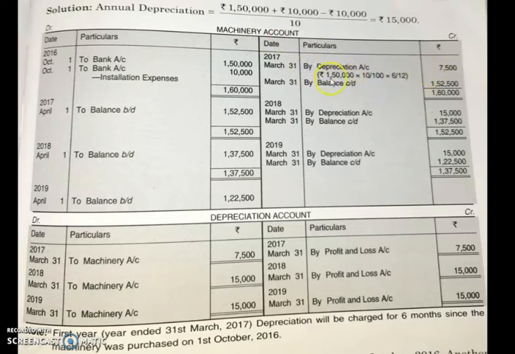Now here you have to be a little careful while recording this, because you can see we have purchased this machinery on 1st October. So from 1st October to 31st March, that means we are using this machinery for a time period of 6 months. So for that usage of this machinery, you are supposed to charge the depreciation.